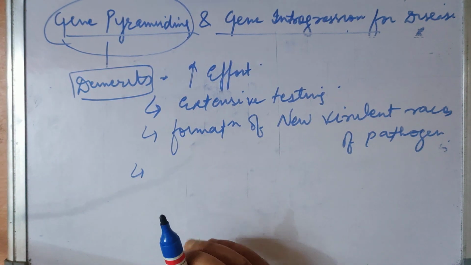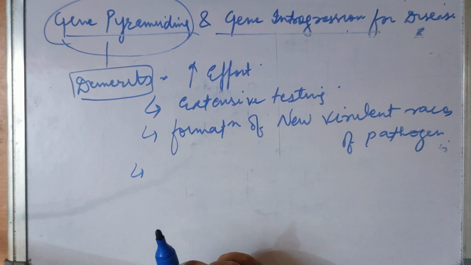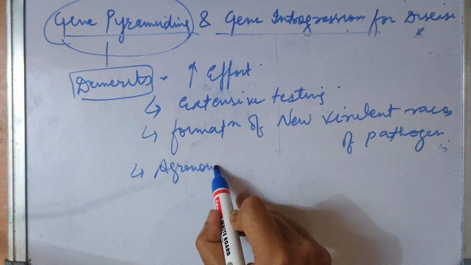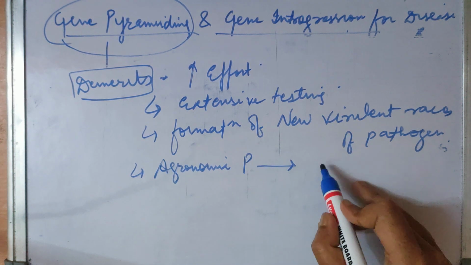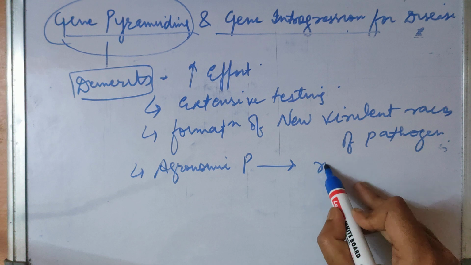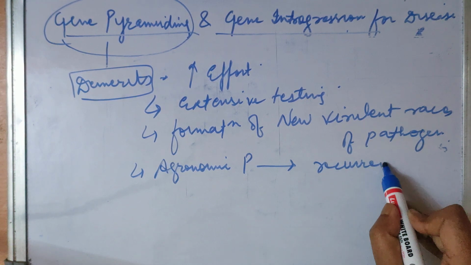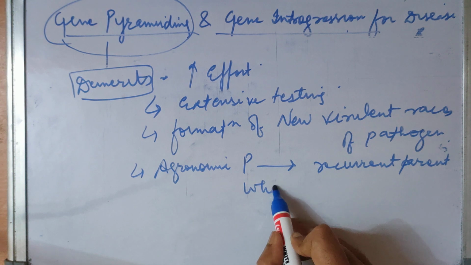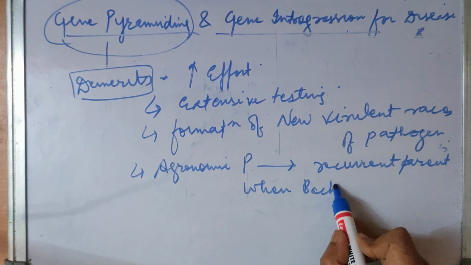The agronomic performance of the new cultivar is restricted to the recurrent parent when backcross is used to incorporate genes.